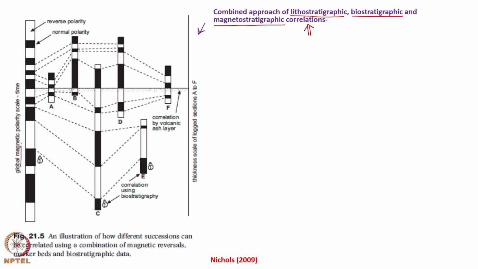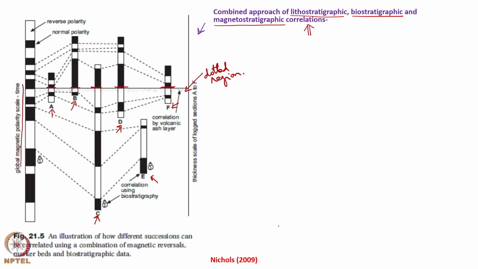Here is the global magnetic polarity scale, and there are some local columns created, A, B, C, D, E and F. Consider that a marker bed, which can be a volcanic ash bed, has been identified in this place and is shown by this dotted region.